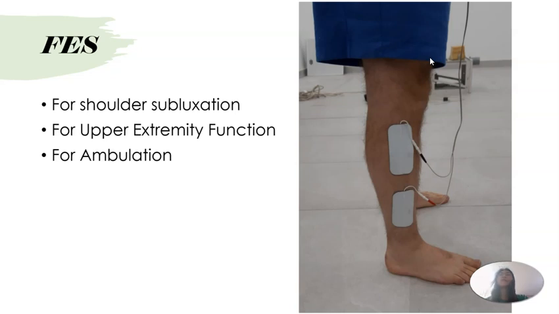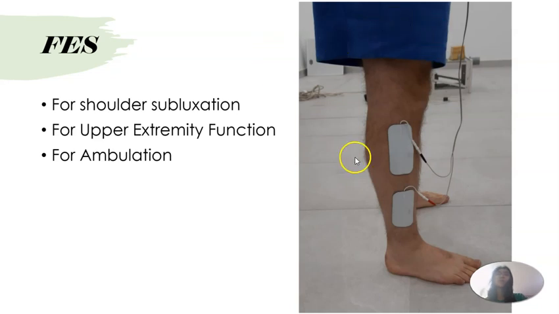And then for subluxation, not necessarily 3 minus over 5, but the indication here is the presence of subluxation. If there's a presence of subluxation, then you apply FES for shoulder subluxation.